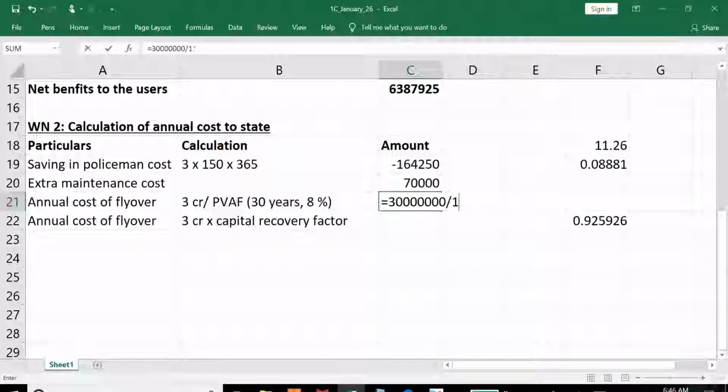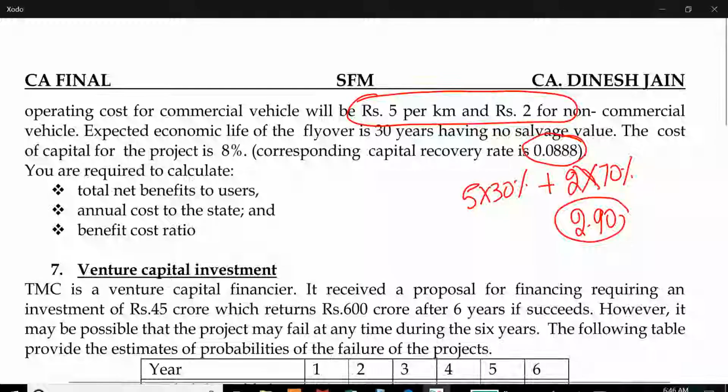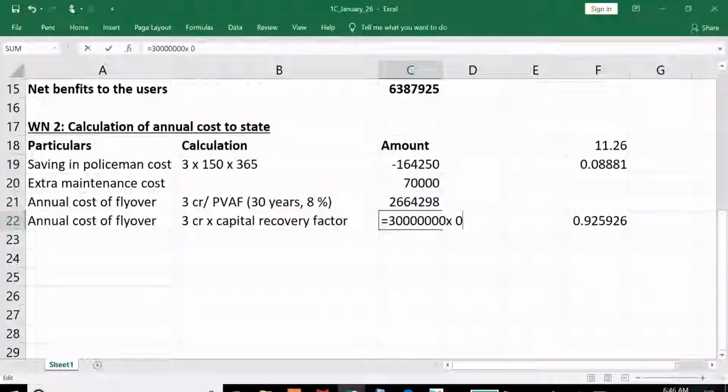I can divide by 11.26, the number which you said, or I can even multiply it with 0.0888. Both will give me the same answer except for rounding differences.